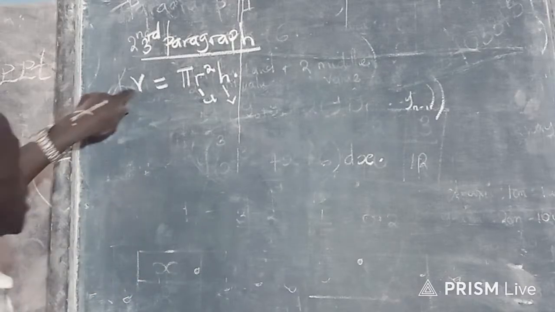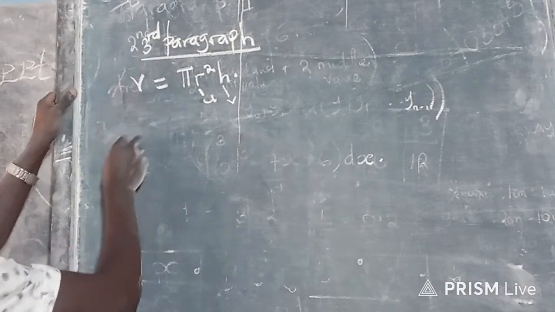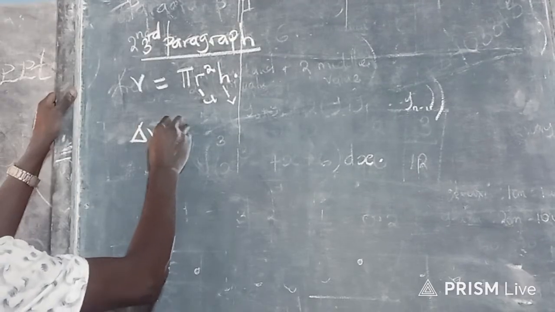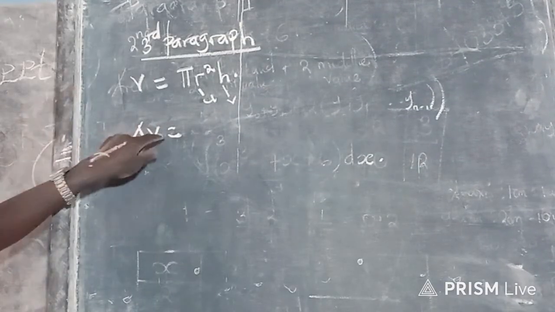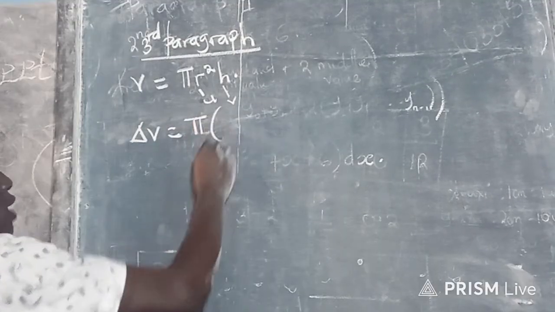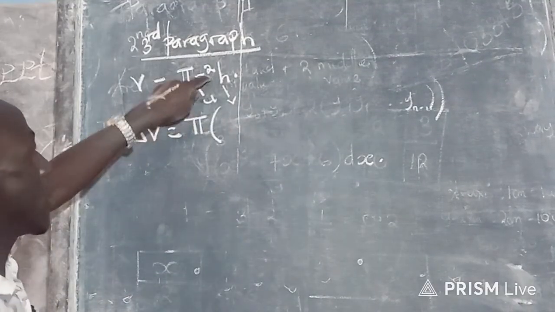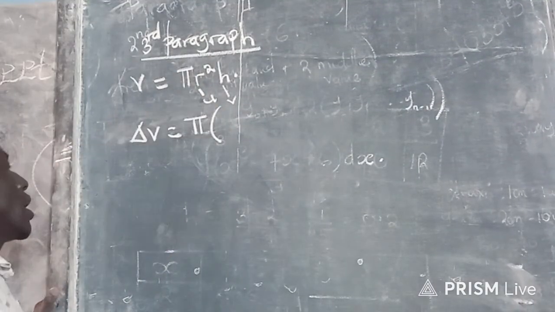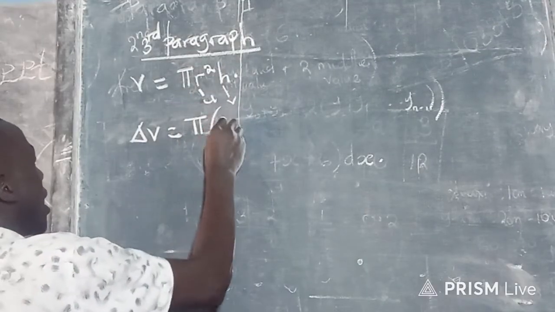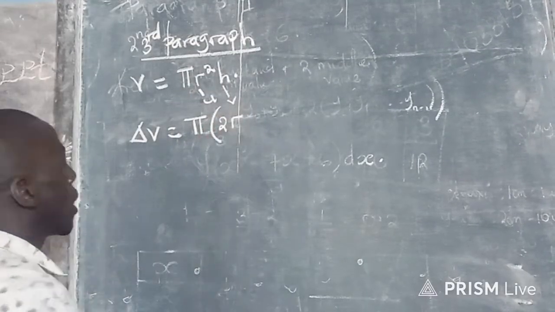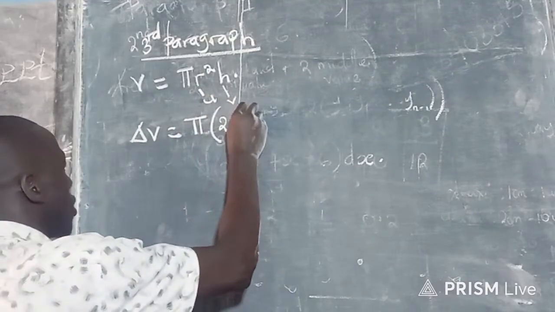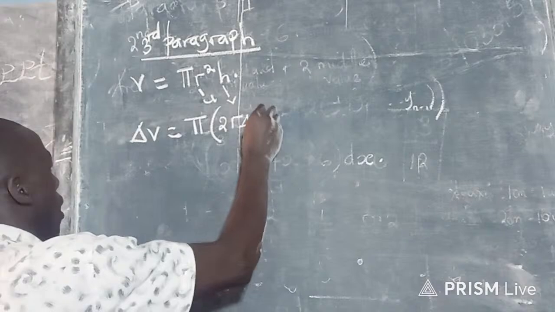So if I differentiate the first part, this is going to give us the small change, or the error in V. So the error in V, if I pull out our constant, then I differentiate the R and the H. If I keep the H constant, you realize that I will differentiate R. But this R we are going to differentiate should have the small change because we have reduced it.